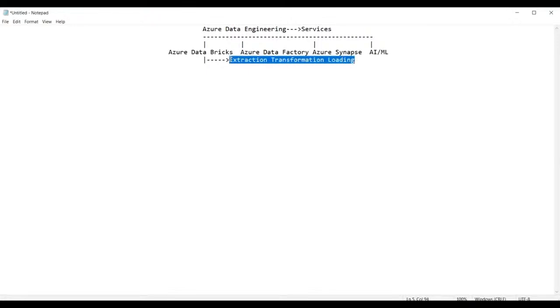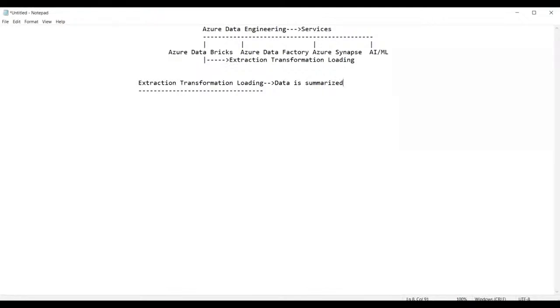Guys, what is this extraction, transformation, and loading? Let us try to understand this first. It is a process where the data is summarized.